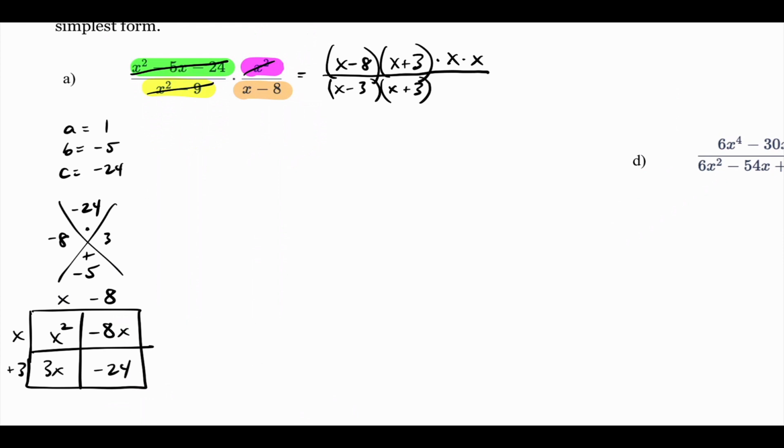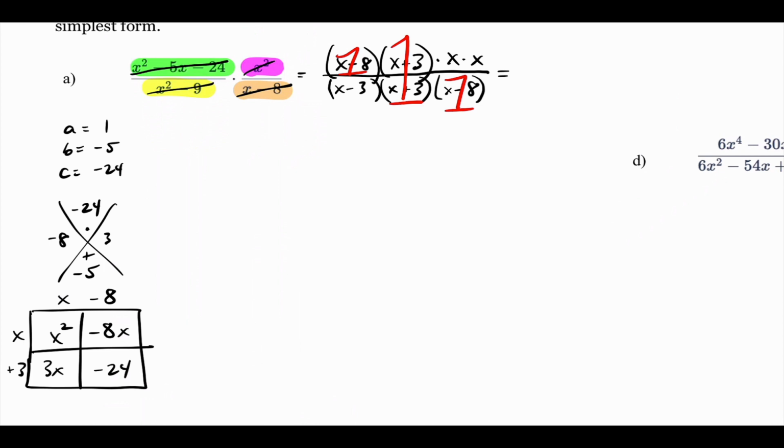The orange is a binomial as well. So we use the same steps. Does it have a GCF? No. Is it difference of squares? Nope. Then it's already factored. Okay. Let's see. We got an x minus 8 binomial with an x minus 8 binomial.